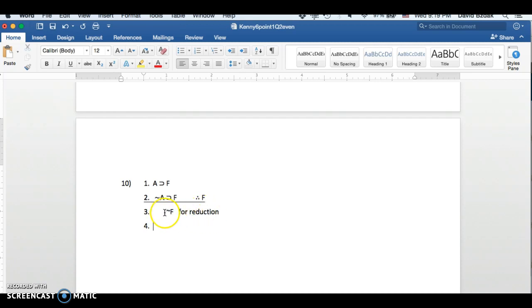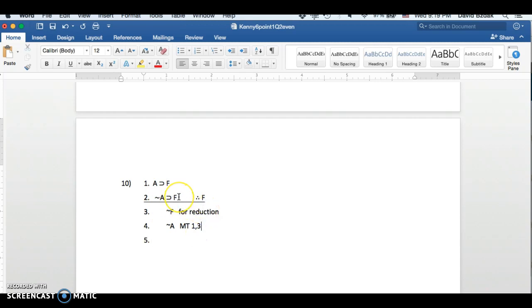So again, we have to indent, and we always assume the negation of what we're trying to prove. Okay, so now we've got not F, we can do a modus tollens to get not A. So that's modus tollens 1, 3. So again, we have conditional, negation of the consequent, gives us negation of the antecedent.